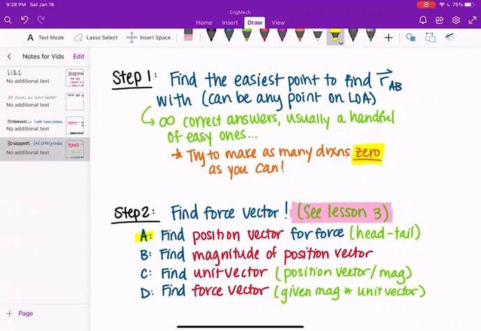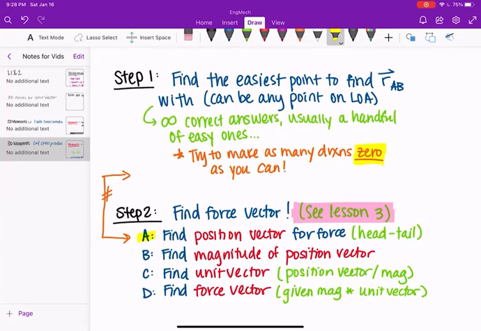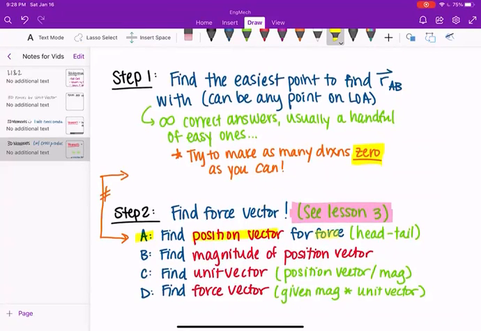This is separate from the position vector found in step 1. That's the part a lot of people get confused with: these are not equal. These are not the same position vector. This one is specifically related to the force itself. So don't get that confused.